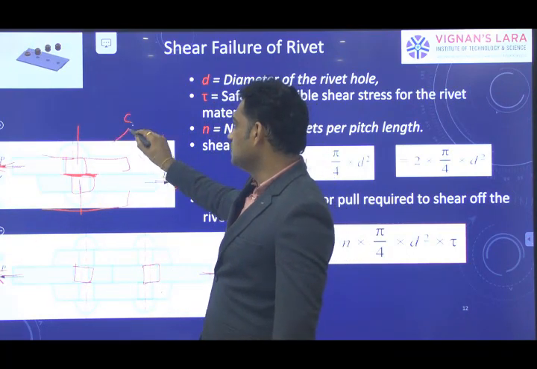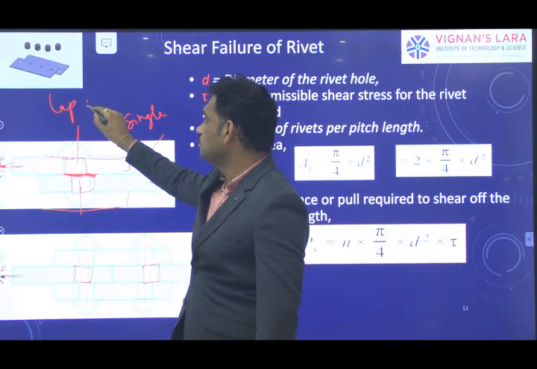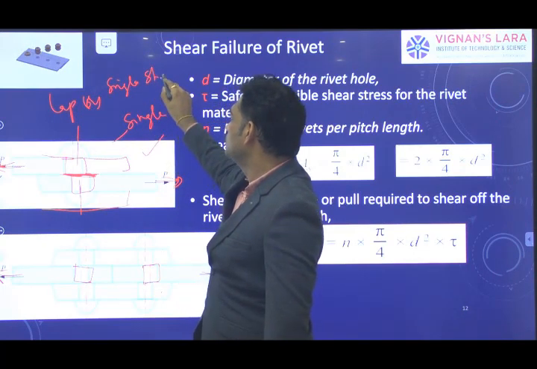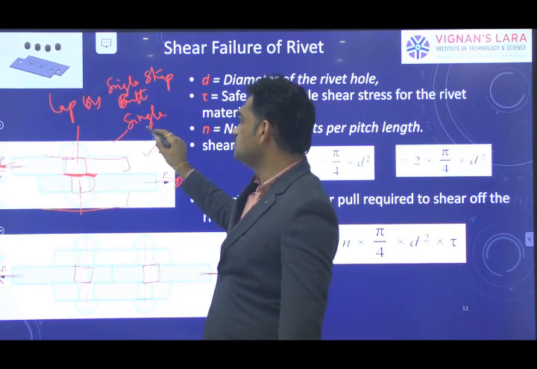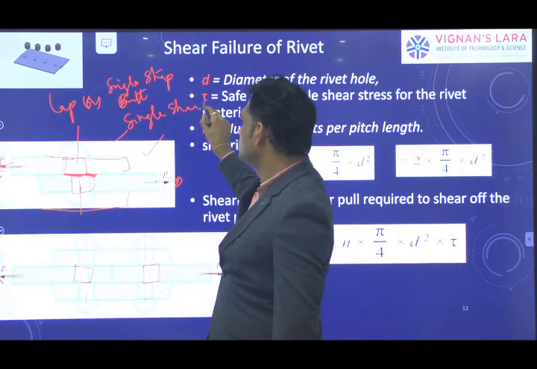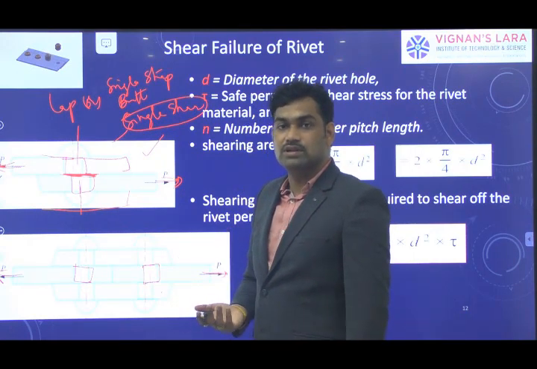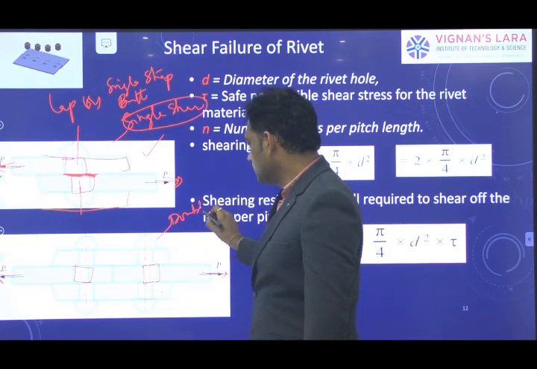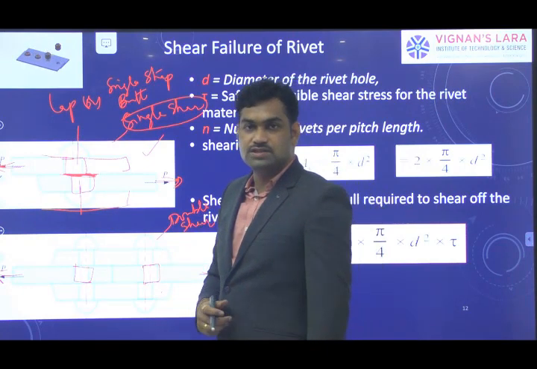So in the lap joint or single strap butt joint, the rivets are subjected to single shear. But coming to the double strap butt joint, you can observe this rivet can shear at 2 different cross sections. We call it double shear.